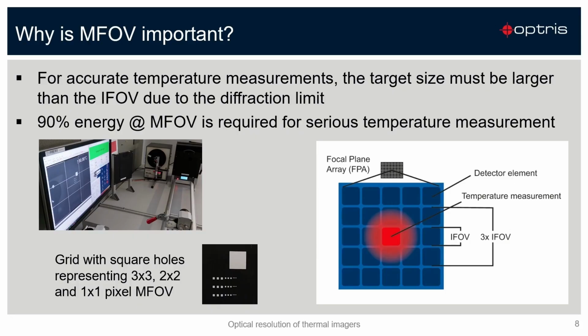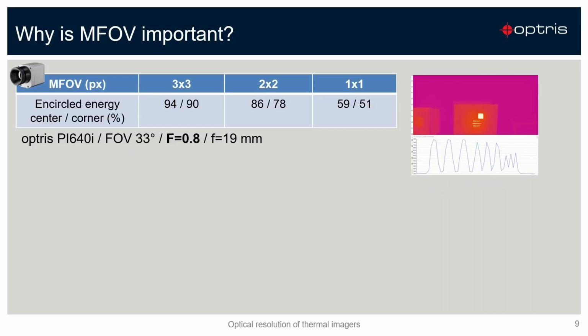And those square holes are representing 3 times 3, 2 times 2 and 1 pixel MFOV for a certain imager. We made this test here as an example for our PI 640i with a 33-degree lens. This is an f/0.8 optics, so a quite low F number. That means we have a high opening of the optics.